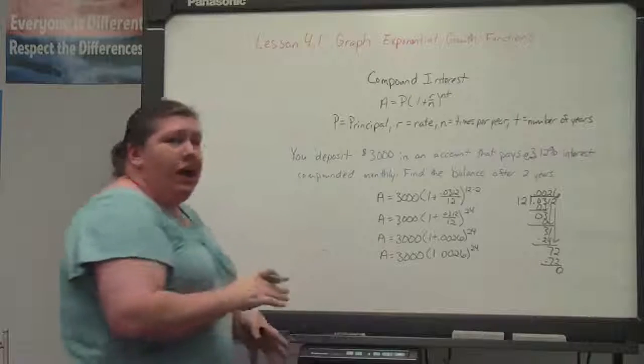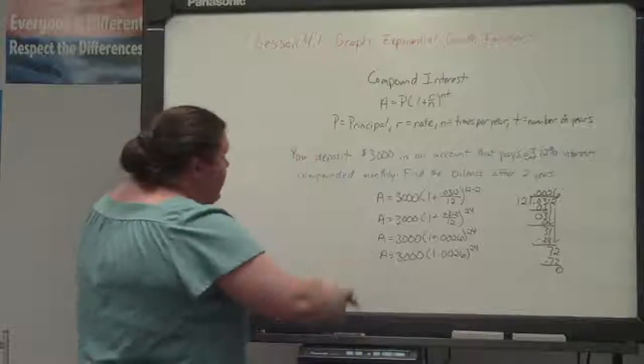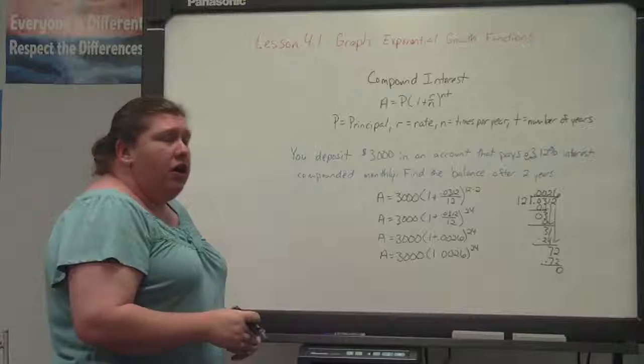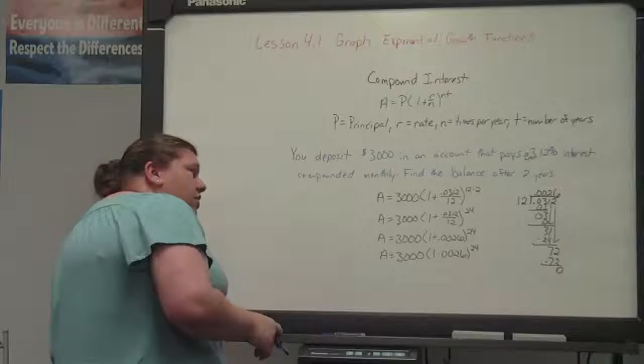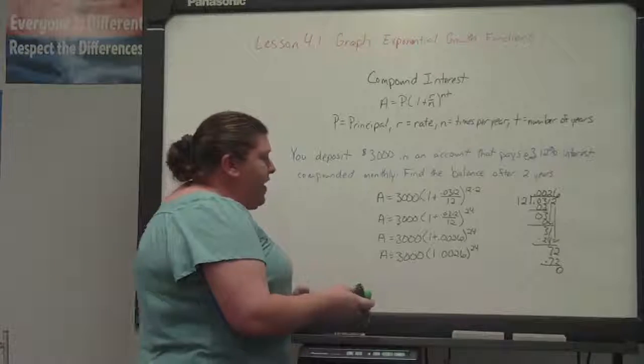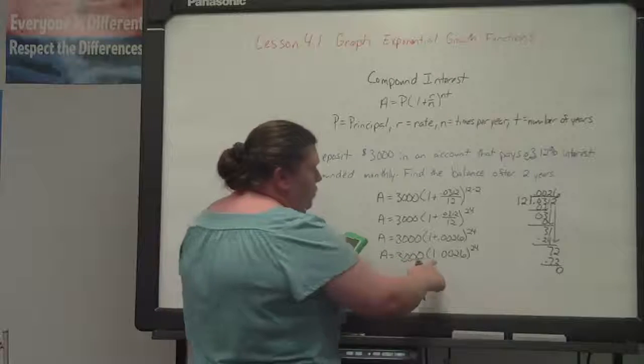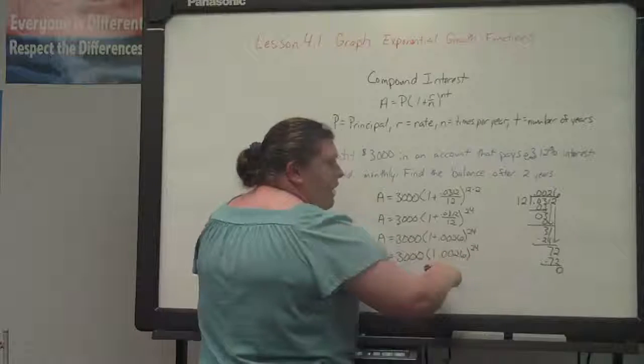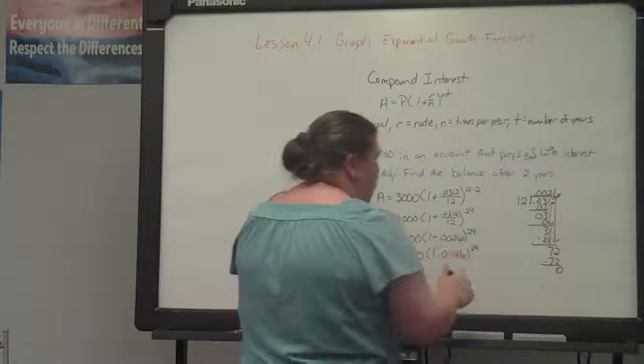To save time and space, because I don't have enough room on my board, I'm going to get my calculator, and I'm going to only do the part that's attached to the exponent.